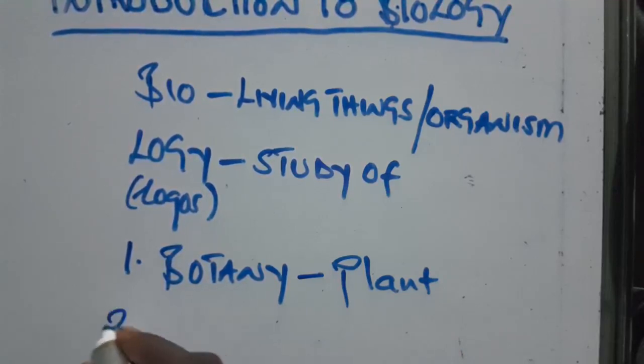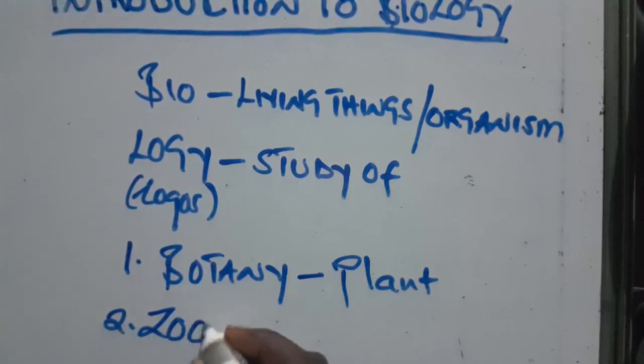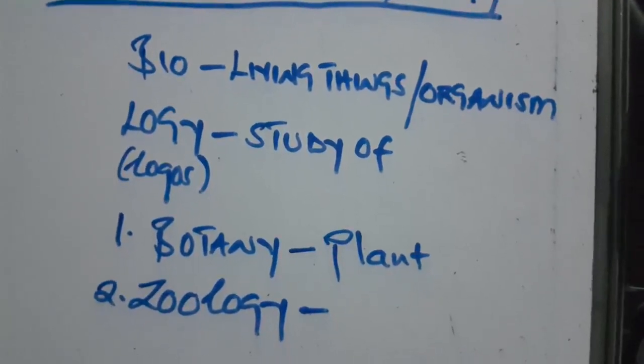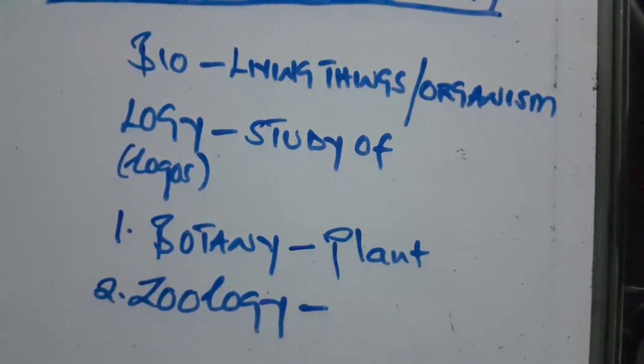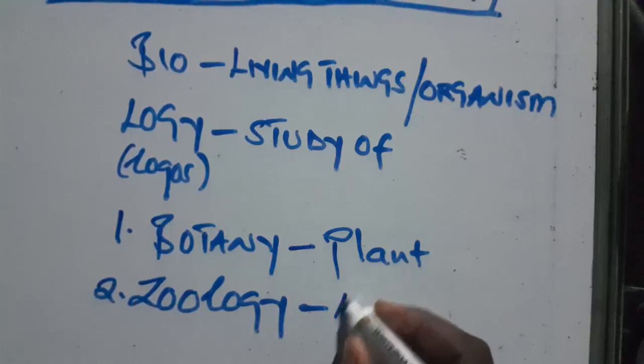The second branch of biology is called zoology. The word zoology emanates from the word zoo, and zoo means animals. So this is a branch of biology which studies animals.